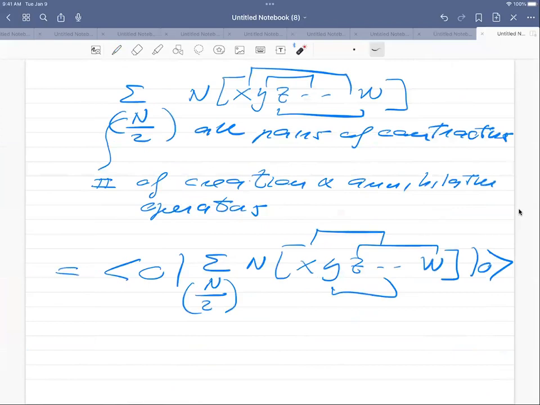So let me try to convince you before we show the proof of the theorem, with an example which is relevant for the exercises this week and next week. The example we're going to look at now is the calculation of the expectation value of a 2-body operator from a 2-body state to a final 2-body state.